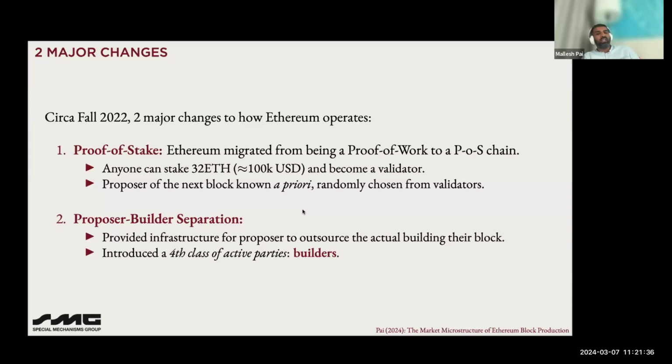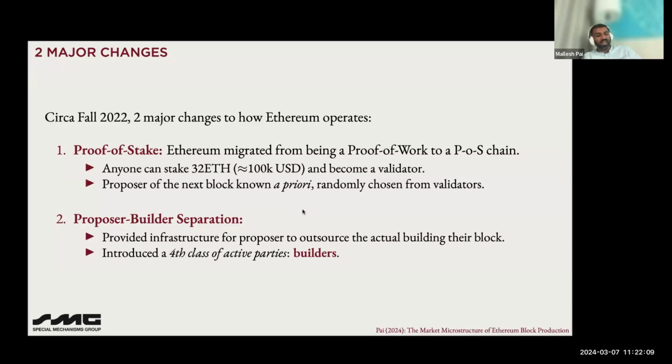The second major change to how Ethereum operates was that it implemented something called proposer-builder separation, which is now popular in many proof of stake chains. What is proposer-builder separation? It is basically Ethereum, or things affiliated with Ethereum, providing infrastructure, currently through a semi-off-chain methodology, for the proposer to outsource the actual building of their block.